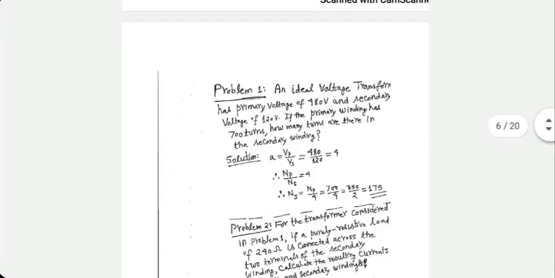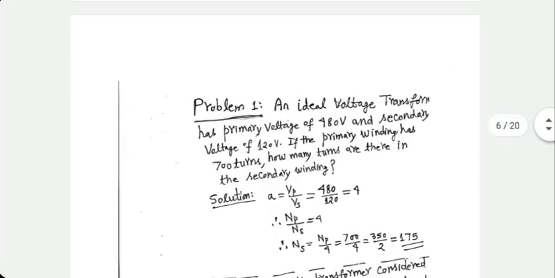Now let's look at some solved problems, the kind of things you can expect in the exam. An ideal voltage transformer has a primary voltage of 480 volt RMS by default, okay, and a secondary voltage of 120 volt. If the primary winding has 700 turns, how many turns are there in the secondary winding? Such a simple problem.